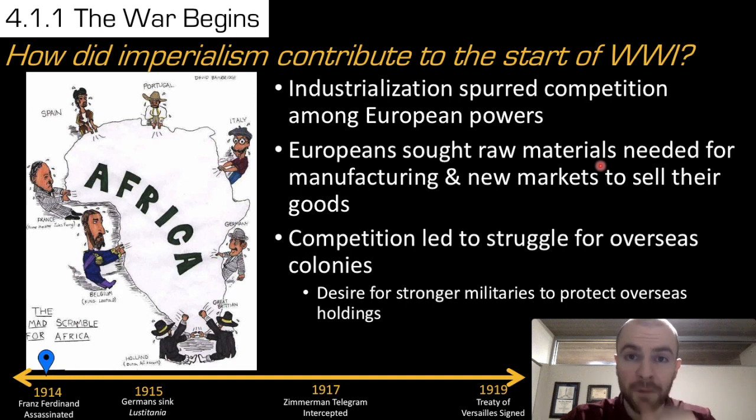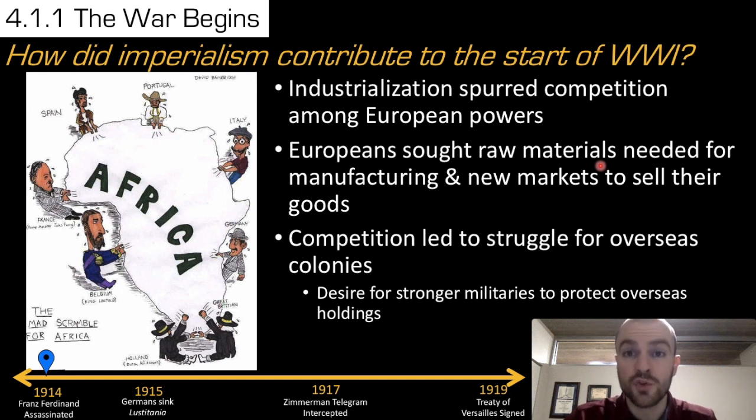So, as you're aware, at the end of the 1800s and the beginning of the 1900s, America, as well as European powers, began shifting away from an agricultural economy, so an economy based on farming, and towards an economy that was based on industry. So they were building cities and factories, and they would use these factories to manufacture products.